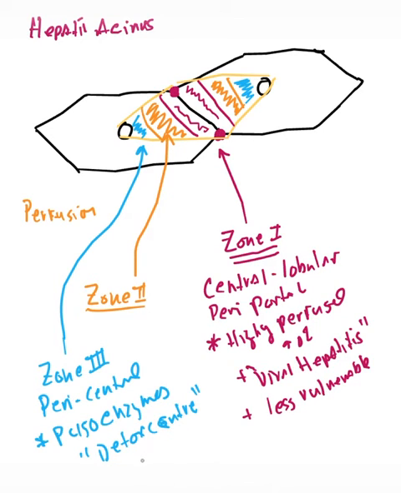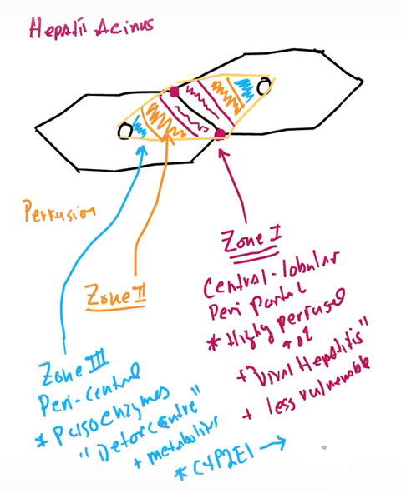In this area in zone 3, I am going to have lots of metabolites being produced. And some of these metabolites, of course, are going to be toxic. In particular, we have the highest number of CYP2E1 enzymes.